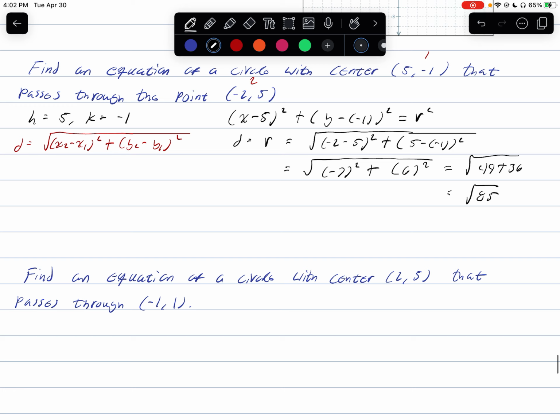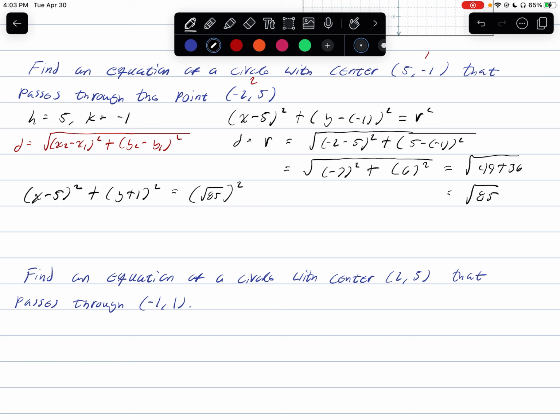So since r is equal to the square root of 85, we can rewrite the whole equation as x minus 5 squared plus y minus negative 1 squared, or we could just change this to y plus 1 squared. And this is equal to r squared, or since we know r is the square root of 85, we can write this as the square root of 85 squared.